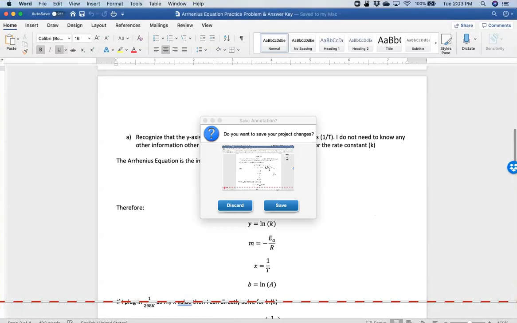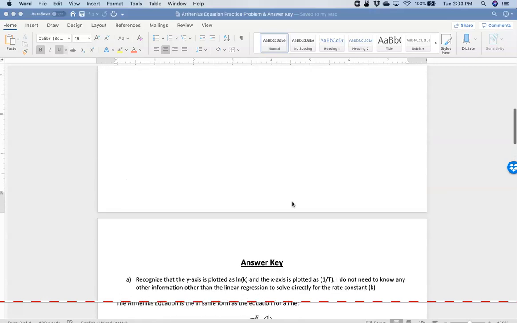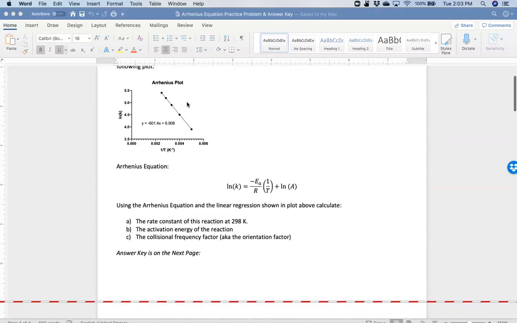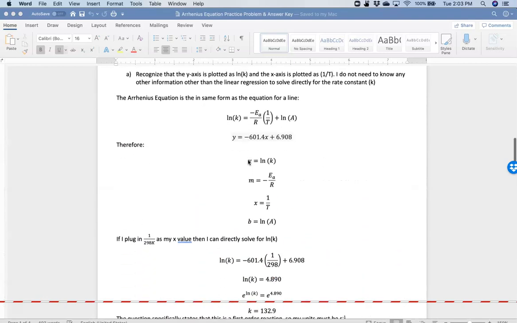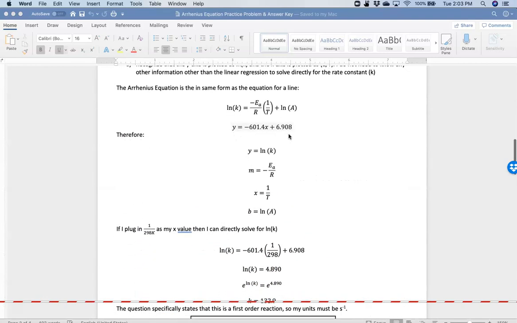So y is my ln k, my x is 1 over T, my slope is negative Ea over R, that's the negative 601.4, and my natural log of the frequency factor is my 6.908. So there's my linear regression.